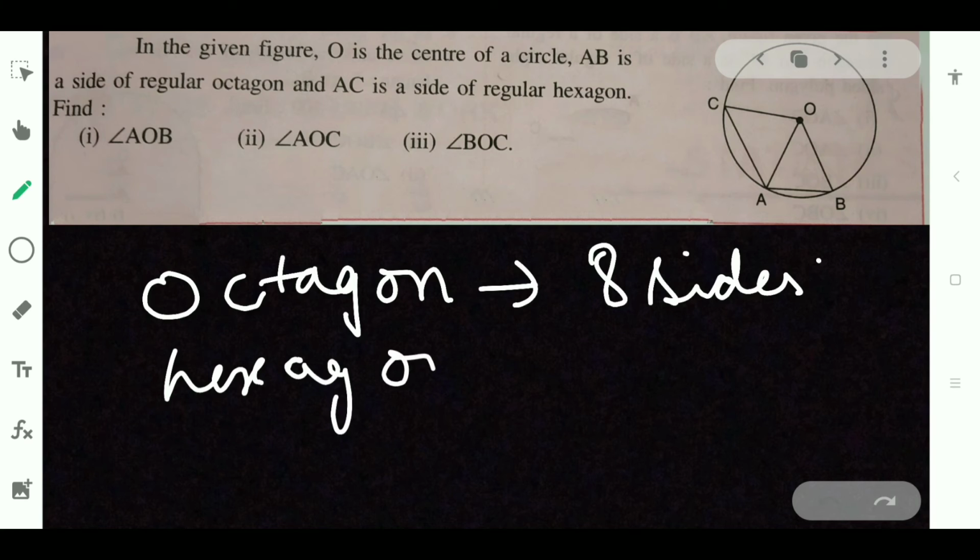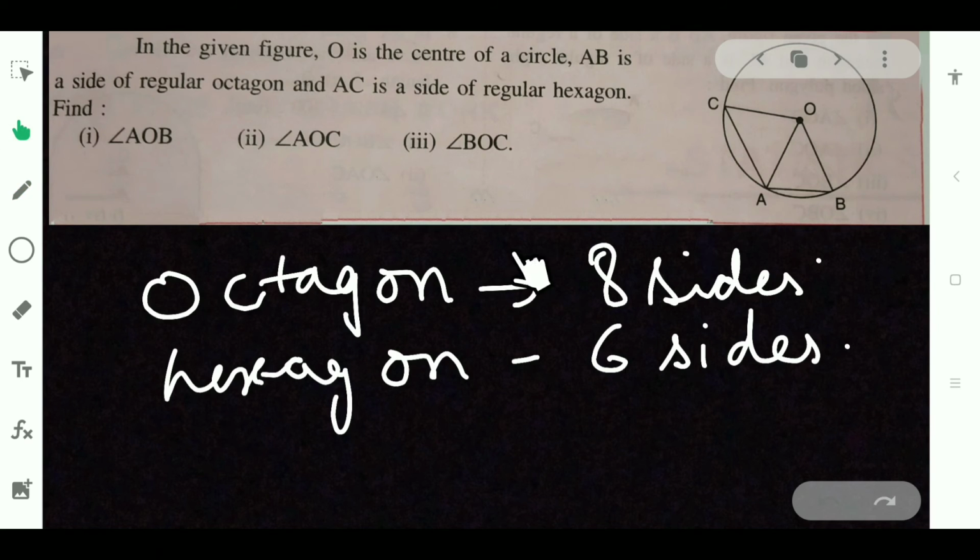Hexagon means a 6-sided polygon. So AC is a side of a regular hexagon, so here the angle will be 360 by 6, and AB is a side of a regular octagon, so the angle will be 360 divided by 8.